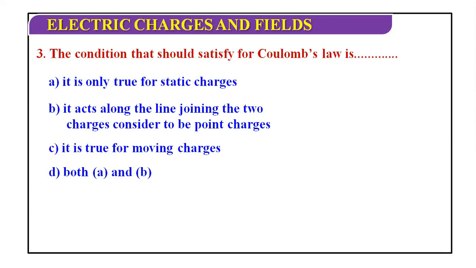It acts along the line joining the two charges considered to be point charges. ये भी बिल्कुल सही है कि जो कूलम फोर्स लगेगी, वो चार्जेस की लाइन ज्वाइनिंग पे ही अप्लाई होगी, चाहे वो अट्रैक्टिव फोर्स हो चाहे रिपल्सिव फोर्स हो. तो ऑप्शन क्या होगा? Both A and B. बिल्कुल, क्योंकि कूलम लॉ इलेक्ट्रोस्टैटिक का पार्ट है और उसमें चार्जेस का स्टैटिक और पॉइंट चार्जेस होना जरूरी है. सो बोथ A and B.